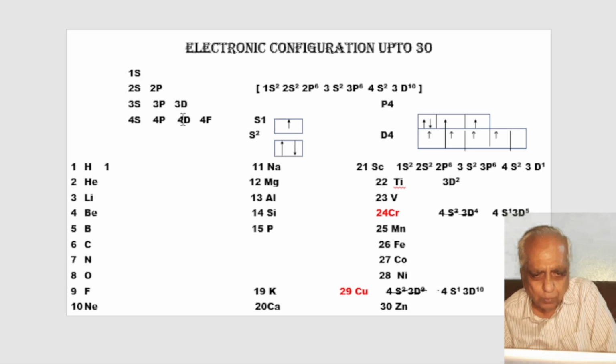4s, 4p, 4d, 4f. Like first period has only S, second period has S and P, then third has 3S, 3P, 3D, then 4S, 4D, 4F. So you just write this in rough. Okay. So after writing it rough, we have to start from here.